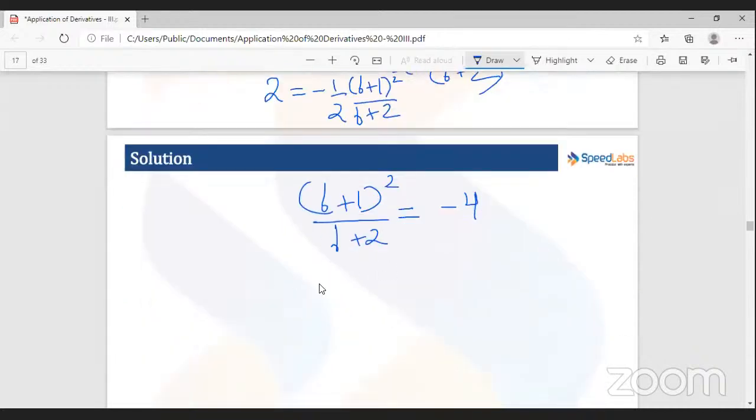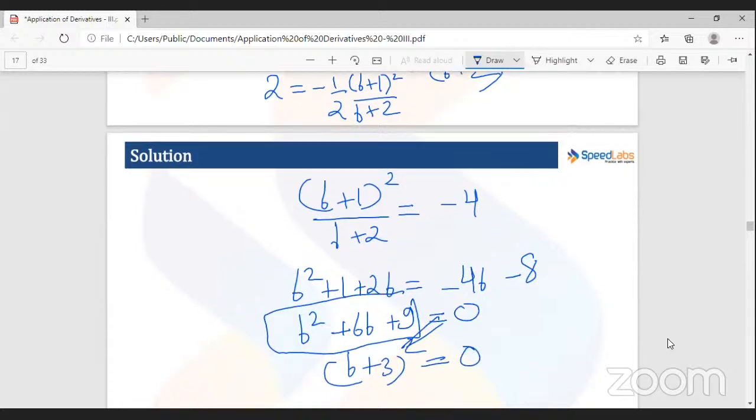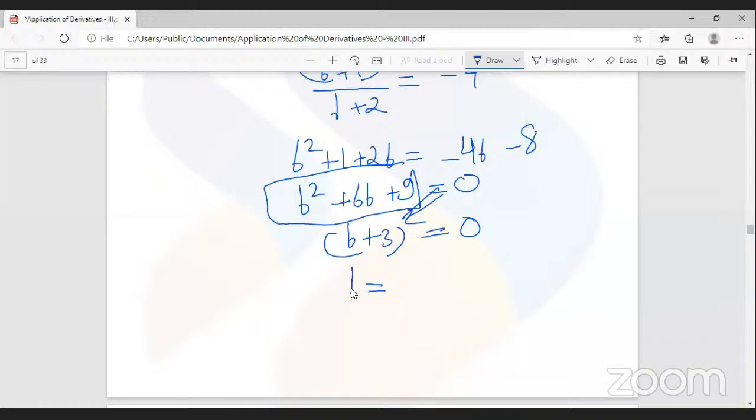I'll open the bracket. What I'll get is b square plus 1 plus 2b equal to minus 4b minus 8. So this is b square plus 6b plus 9 equal to 0. Now here it is visible that this is (b plus 3) whole square. So if (b plus 3) whole square equal to 0, that means b equal to minus 3.